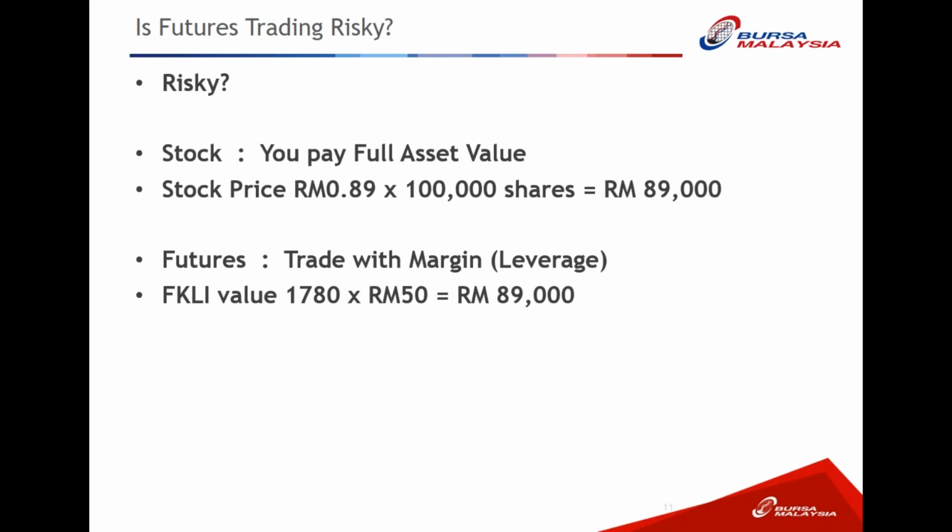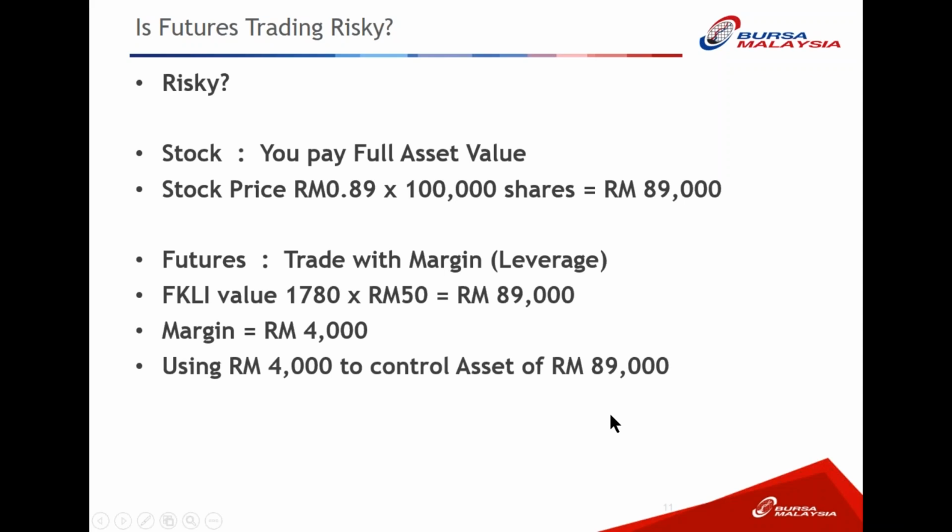So you get roughly about 89,000 worth of FKLI contract. But the margin that you need to put up is only about 4,000. So you control something worth 89,000 with only 4,000 ringgit. That is where the margin, the leverage, comes in.